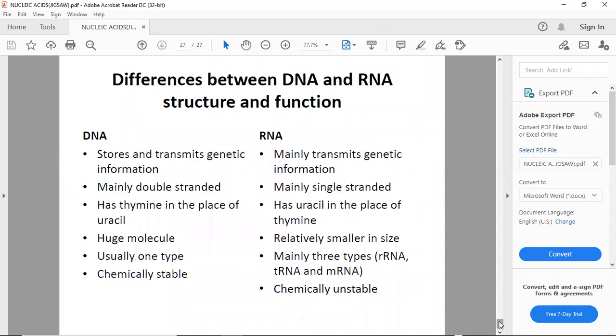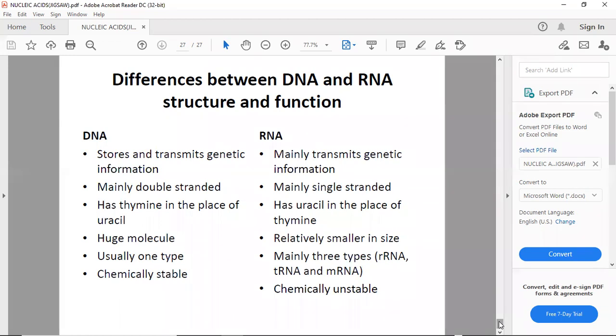On the differences between RNA and DNA, DNA is more of a storage material. It stores and transmits genetic information, while RNA usually simply transmits genetic information. DNA is mainly double-stranded, while RNA is mainly single-stranded.